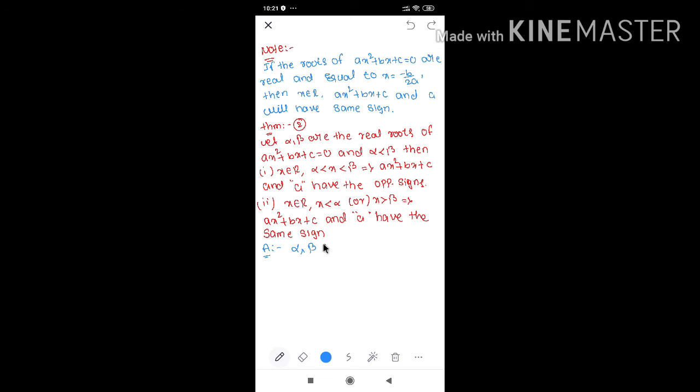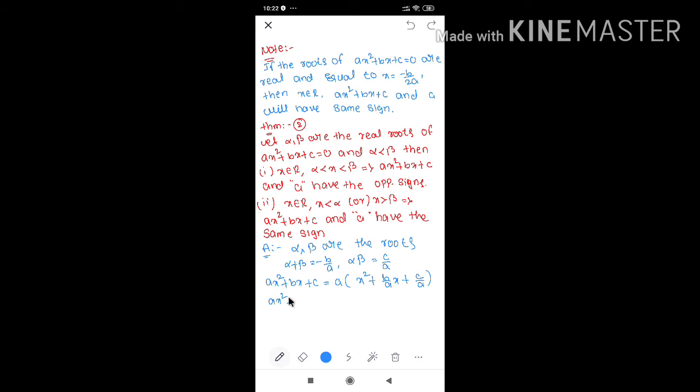Alpha comma beta are the roots. So in general, sum of the roots alpha plus beta we know is minus b by a, and alpha beta, product of the roots, is c by a. So ax square plus bx plus c is equal to a common, x square plus b by a into x plus c by a.